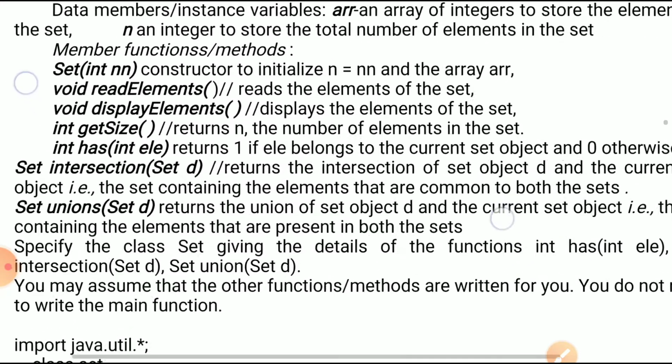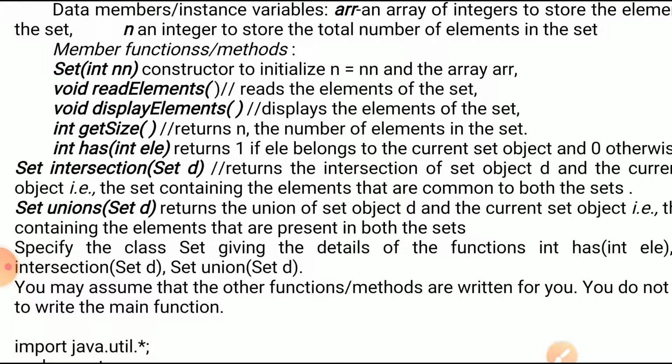The member functions are: first, a parameterized constructor, which will initialize N with Nn, where Nn is the parameter, and initialize ARR by allocating memory for it. The next function is read elements, which will read elements for the set, and we assume the user will not input any repeated number. Then display element will display the array.